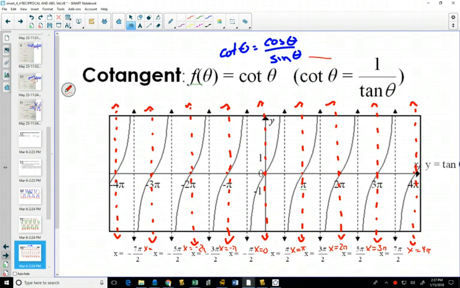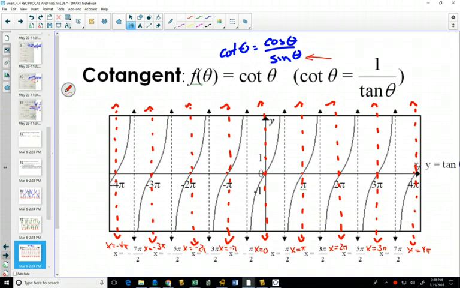So they're non-permissible values for cos over sine as well. So those vertical asymptotes fit whichever interpretation you're thinking of. You're going to get those vertical asymptotes no matter what.